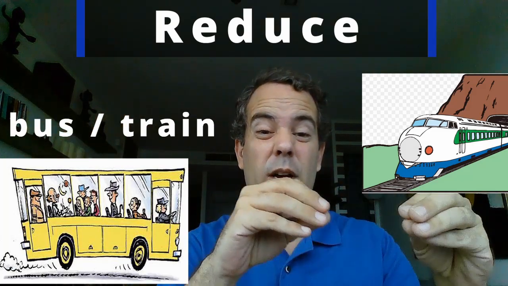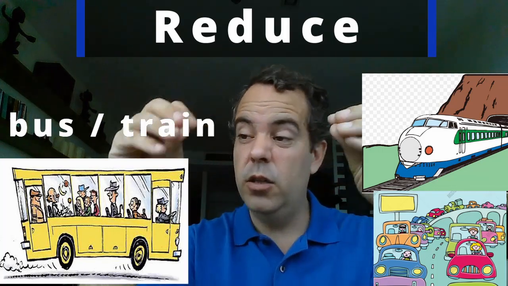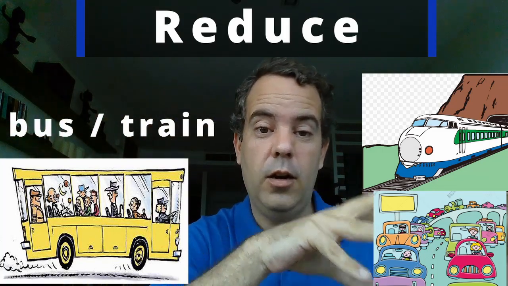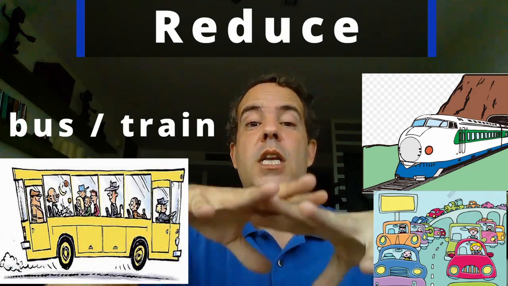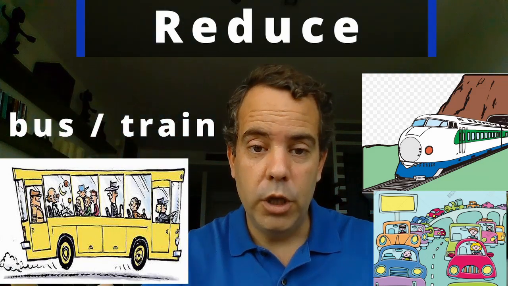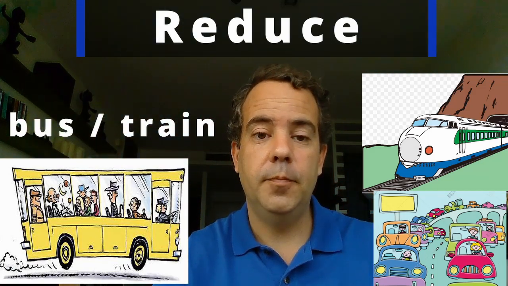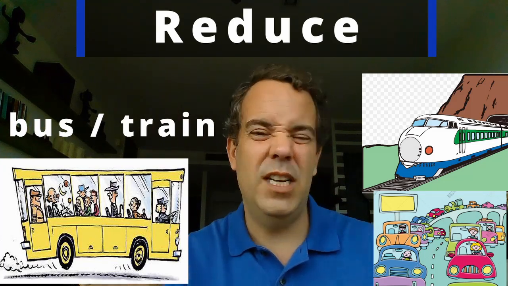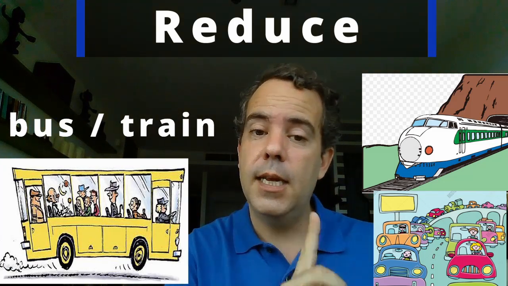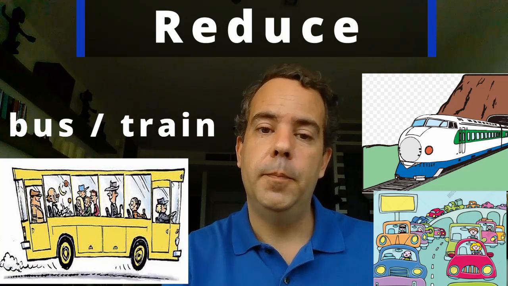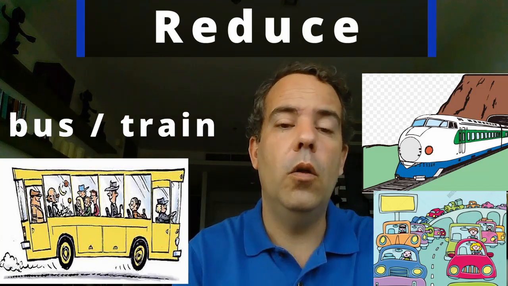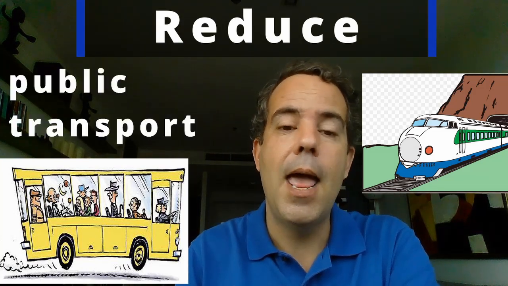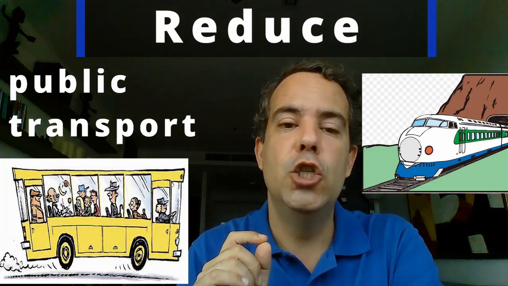If you had everyone in a car, you would have too many cars, too much pollution. Okay? Dirty air, so that's not good. So the bus and the train are better. So we can call the bus and the train public transport.